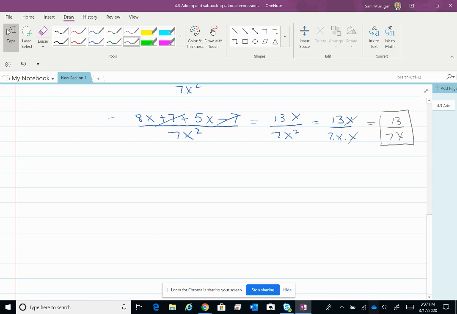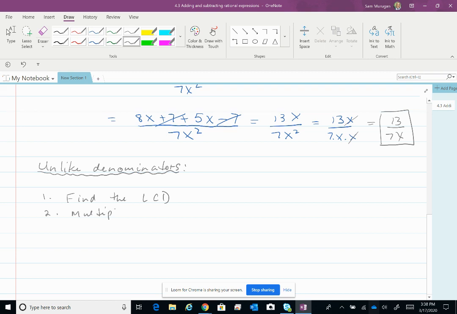Now let's consider unlike denominators. For this case, the rules are a little different because we now have to find the LCD. Find the LCD, which is most of the time the product of the two denominators.